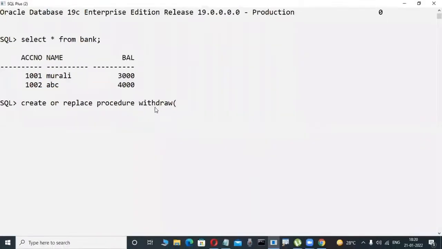Now here, create or replace procedure withdraw. Suppose here I'm passing the account number. Okay, fine. The account number I'm passing, and the amount also I'm passing, because I try to withdraw, just like with the ATM card. Here I'm passing an amount. Okay.